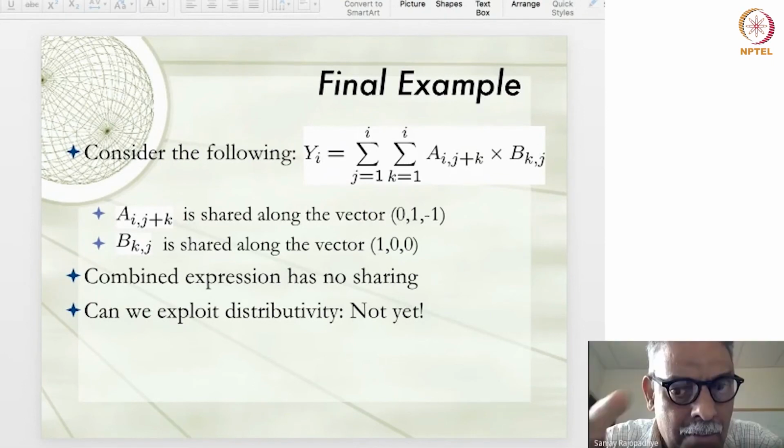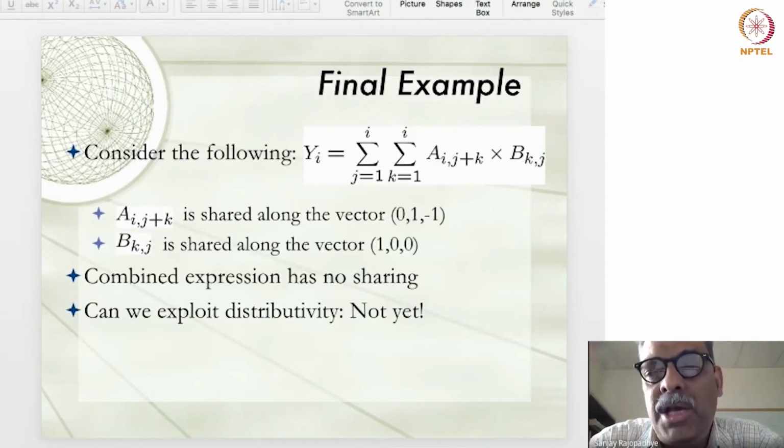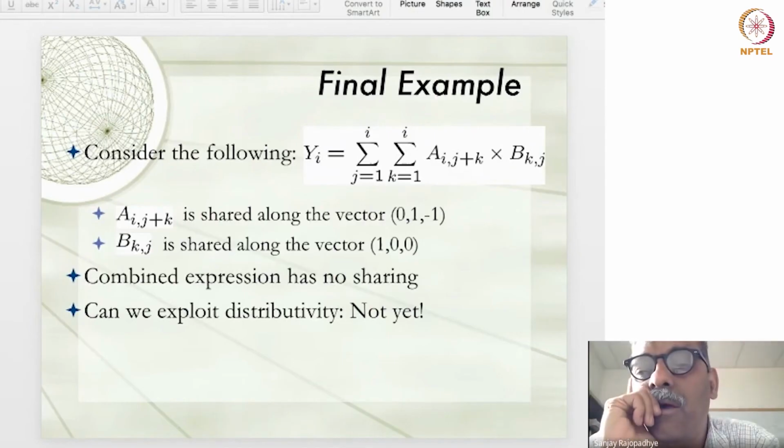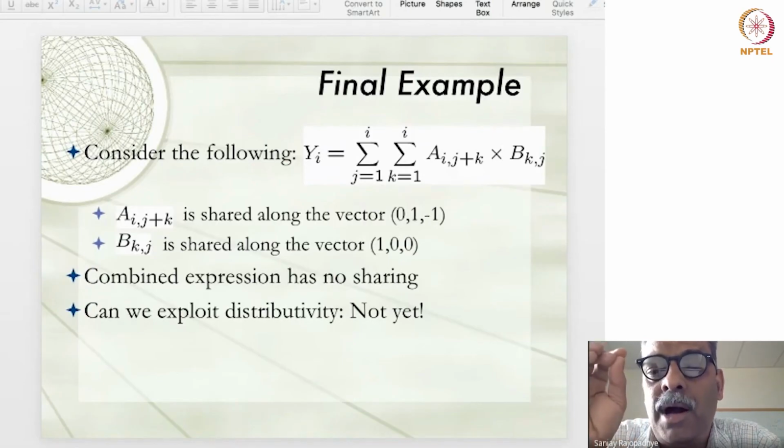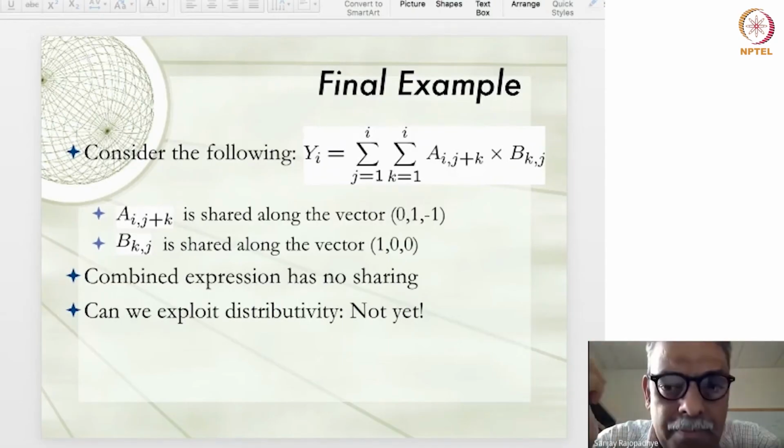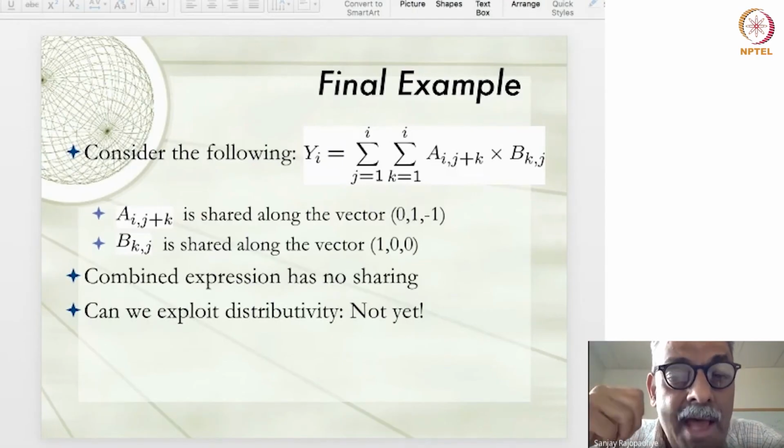Yes. If you look at the combined expression, it depends on i and j and k, and there is actually really no reuse possible in the expression. But there are 2 sub-expressions, A[i][j+k] and B[k][j], combined with an operator, multiplication, that distributes over addition. The sub-expressions themselves have some reuse.